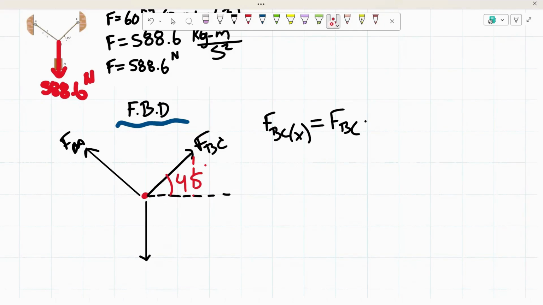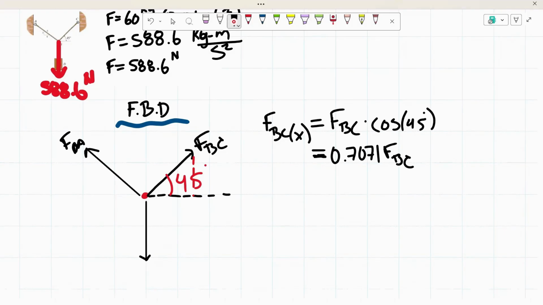So we're trying to find hypotenuse and adjacent. So we could use cosine, since cosine is adjacent over hypotenuse. So FBC times cosine of 45 degrees, which is the same as, putting cosine of 45 into our calculator, that should give us 0.7071, and then FBC.